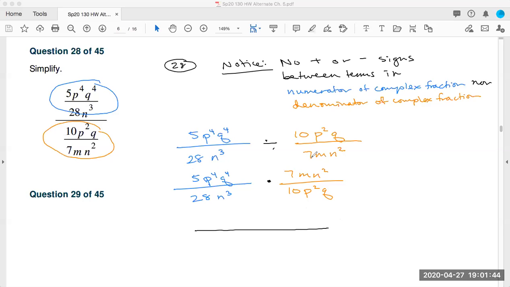So multiplying straight across and putting the coefficients first, I have 5 times 7, and then I have p to the 4th, q to the 4th, mn squared. On the bottom, I have 10 times 28. Then I have p squared q n cubed.